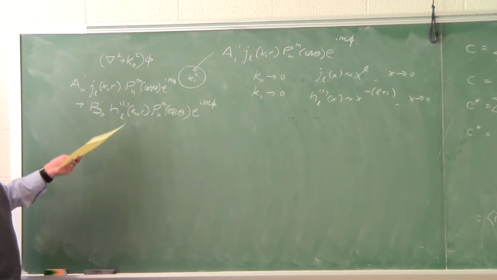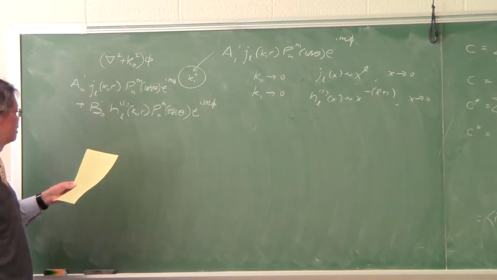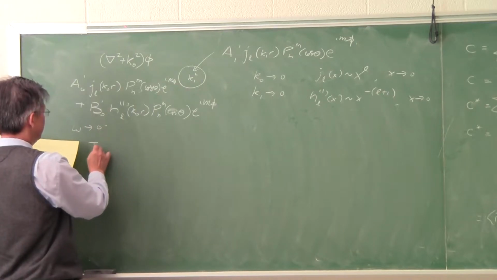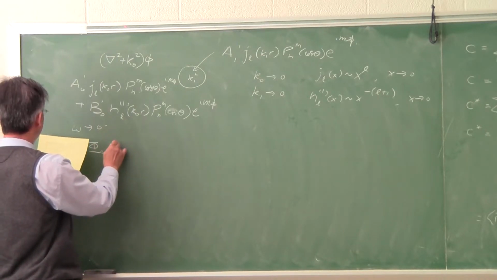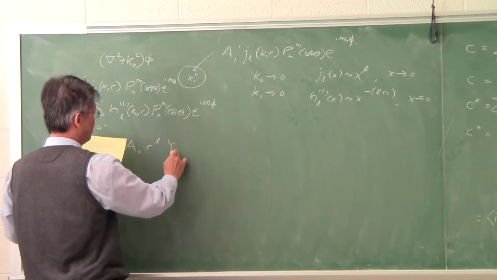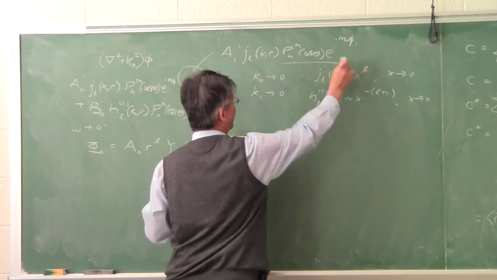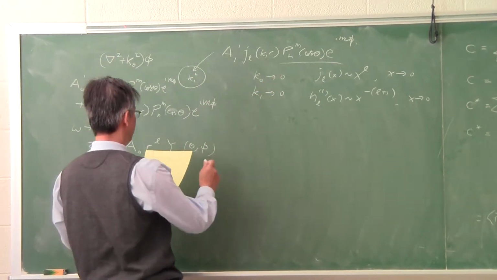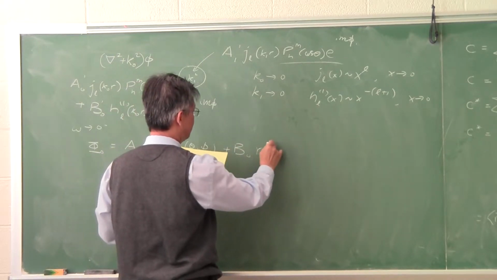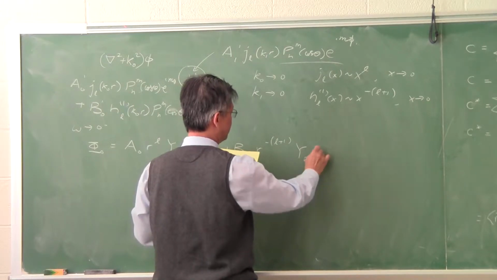So I seek a quasi-static or long wavelength version of this solution. Then when omega tends to 0, phi_0, which is outside the sphere, can be written as A0 r^l Y_lm(theta, phi), plus a reflected component B0 r^(-(l+1)) Y_lm(theta, phi).